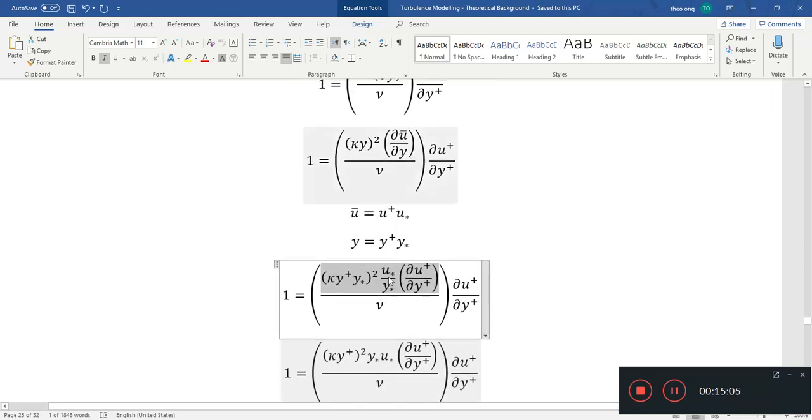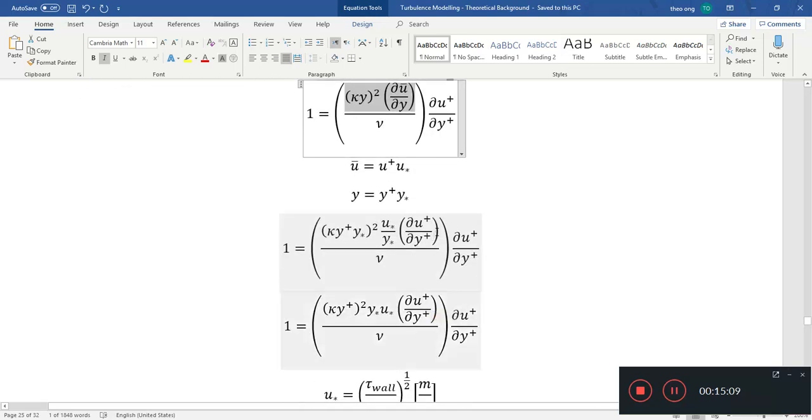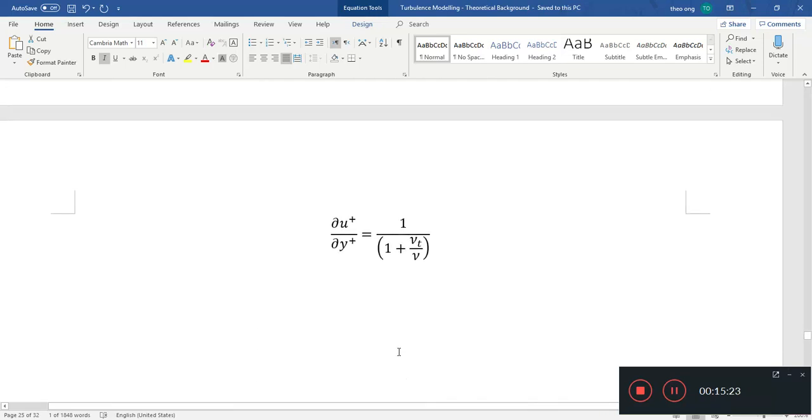So, L squared du dy, we have the substitution in. Then we have non-dimensionalization, and after that we just get this kind of formula. We're going to copy and paste because this is just the turbulent viscosity, and then we can just put it down here.